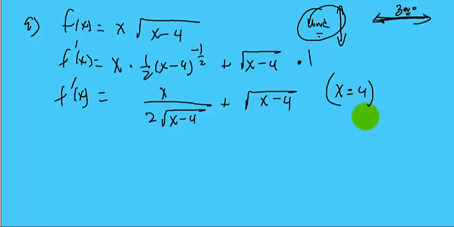Okay? Now, are we finding equations? Yep, we're finding equations. So 4 comma something, we need a point. How do I find my y value? Plug it in. When I plug in 4 right there, that turns into 0. So I have a point: 4 comma 0.